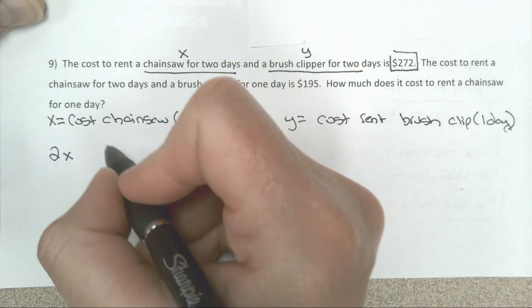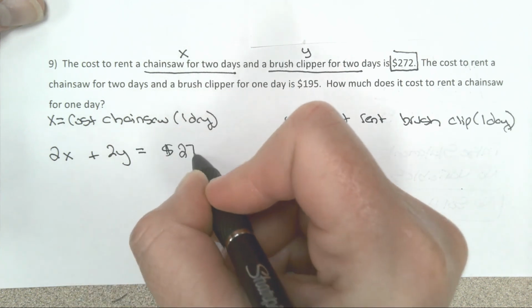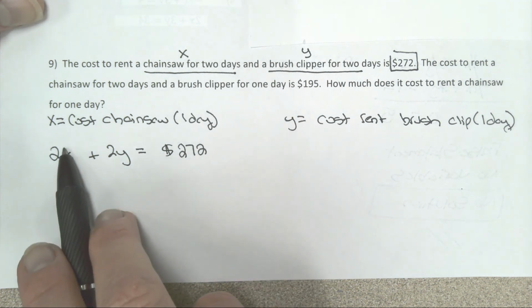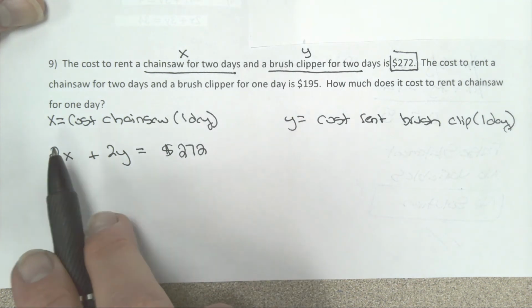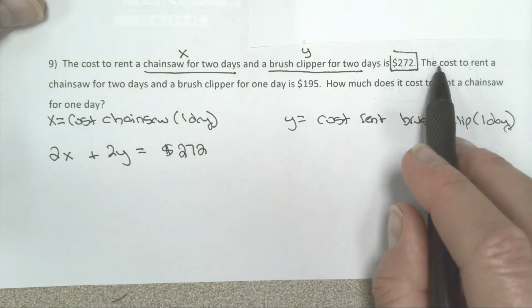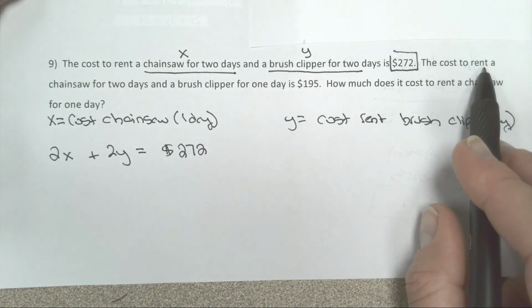So 2x plus 2y equals 272. So I don't have money right here because when I solve it, that is going to be where my money is.